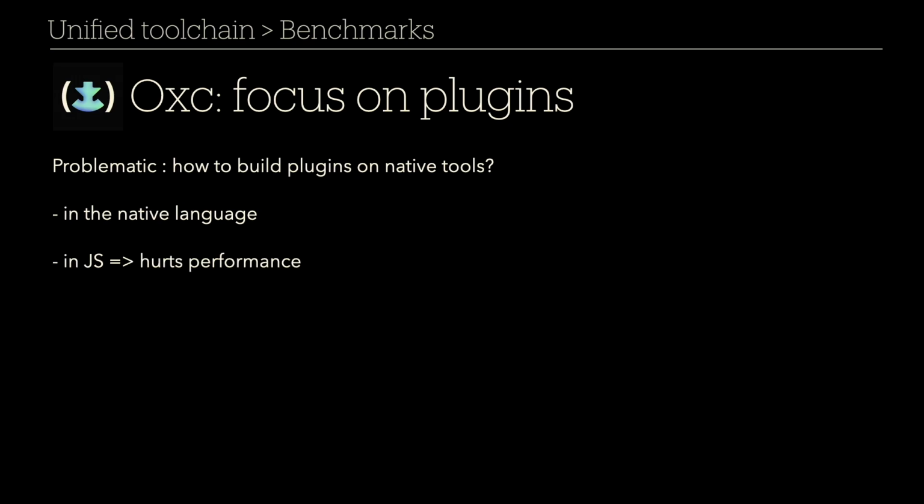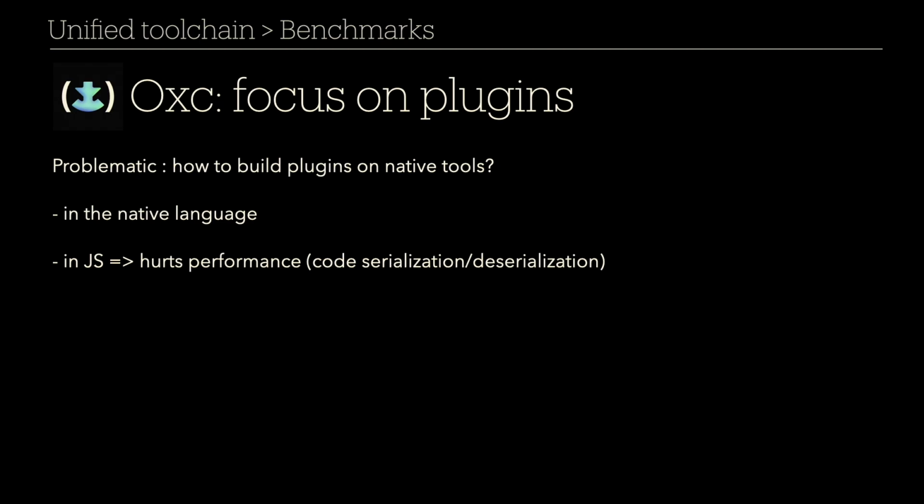Another option is to write the plugins in JS and build a kind of bridge between the native tool and these plugins. But this traditionally hurt performance a lot. Why does it hurt performance? Well, if you have a JS plugin somewhere in the process, let's say in the Rust process, at some point your data will go from your Rust process to some JavaScript code, right?